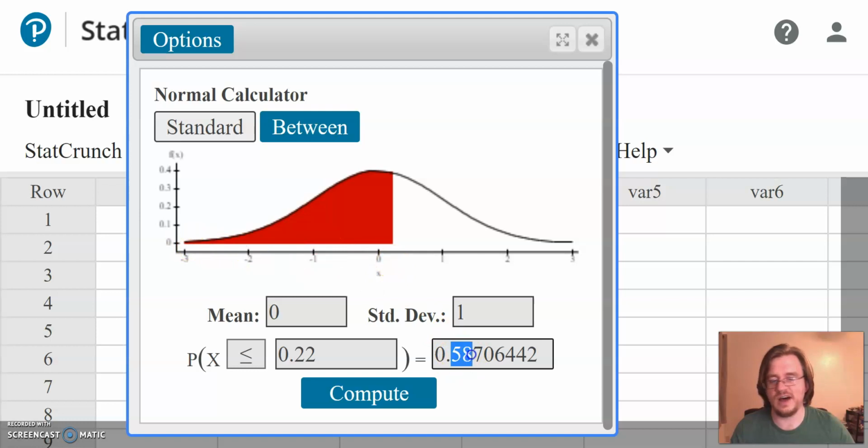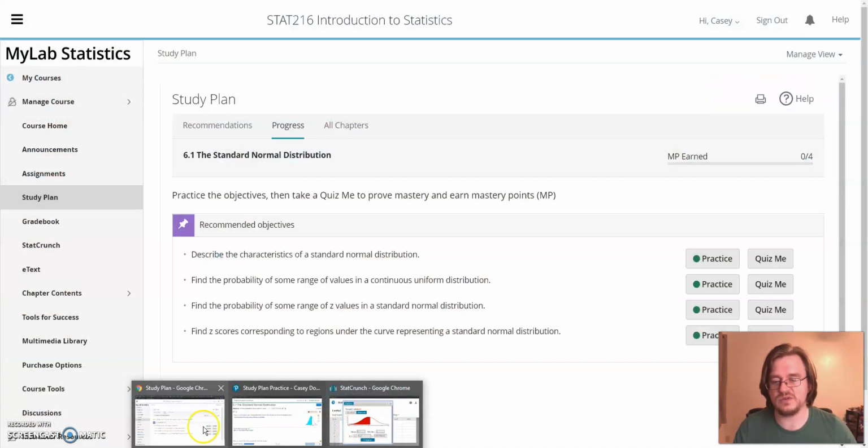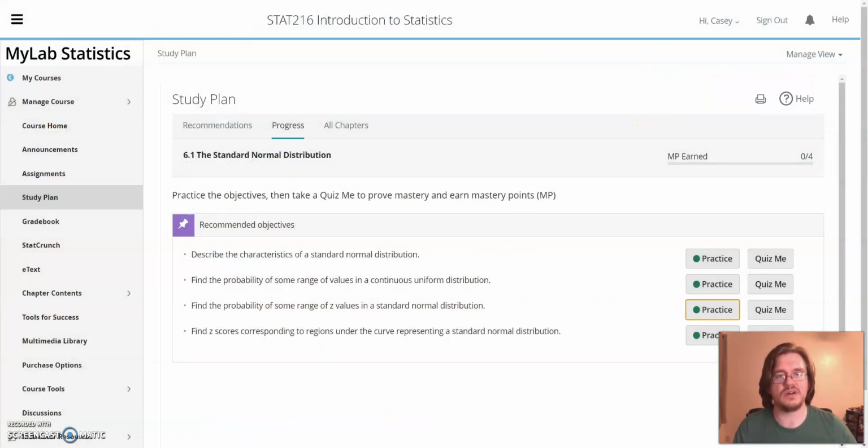So it'll be 0.58, or rounding 0.59. So this is close to 60% of the area is to the left of this marker, meaning that the probability that in a standard normal distribution X will be less than 0.22 is about 60%.